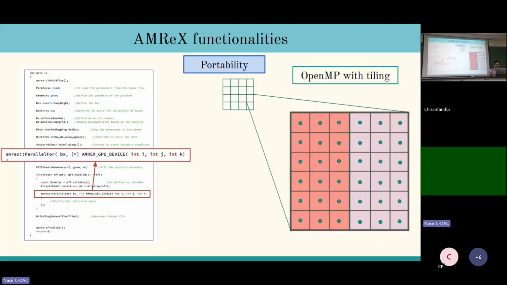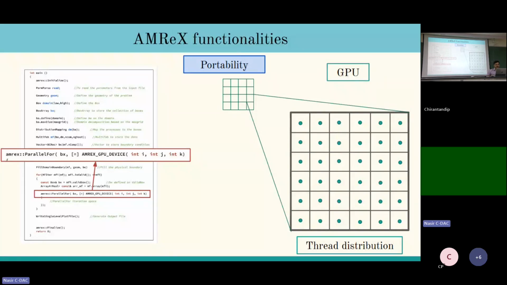If I zoom in on a specific box with, say, 36 points, I can even use tiling or cache blocking and use OpenMP to spawn threads and make the simulation even faster. The other thing I can do is, for that small box with 36 points, launch GPU threads itself.